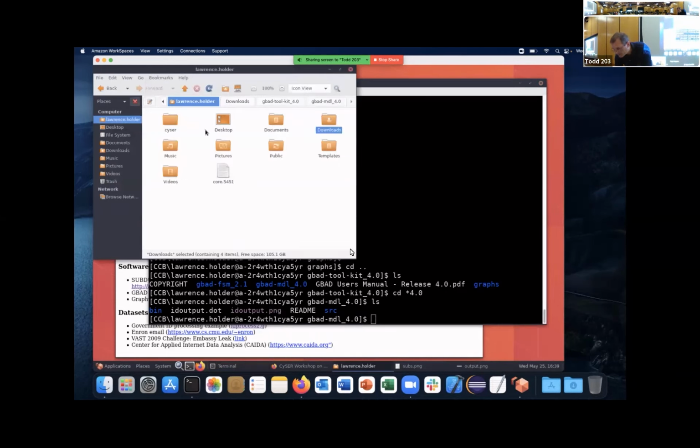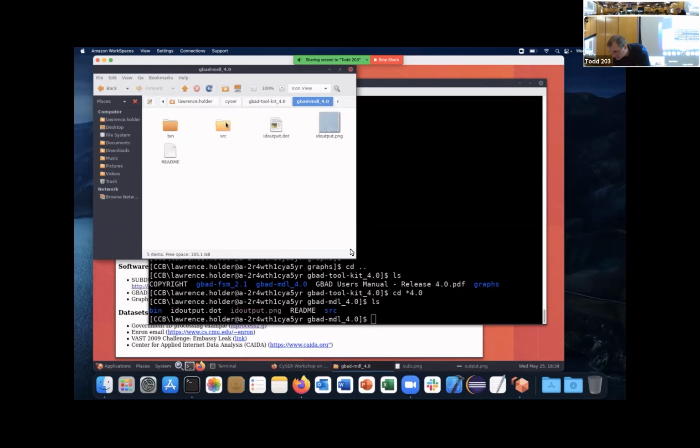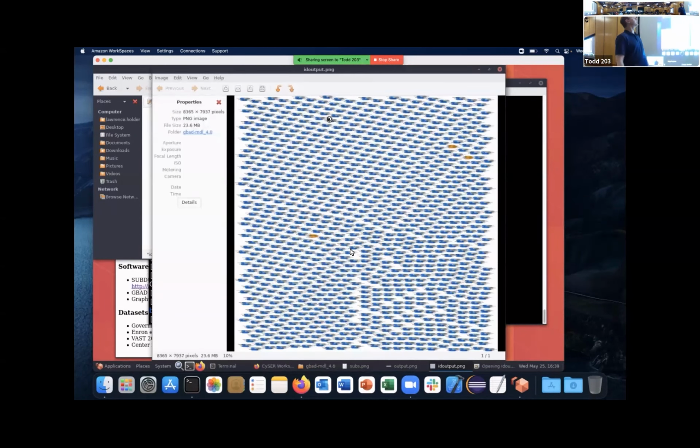So I'll try to open this. It's not going to look very nice. So there were 1,000 cases in this.